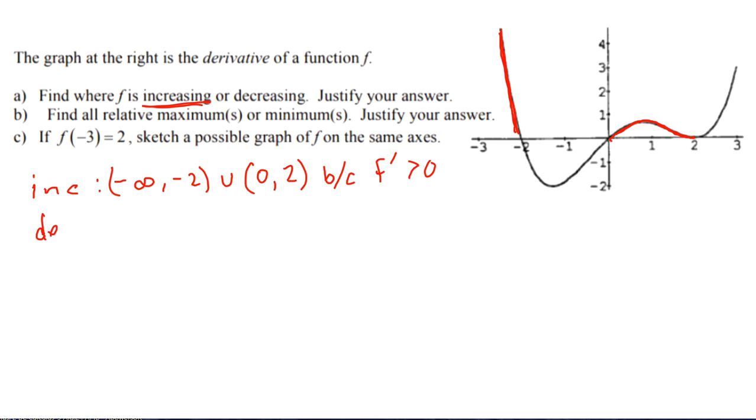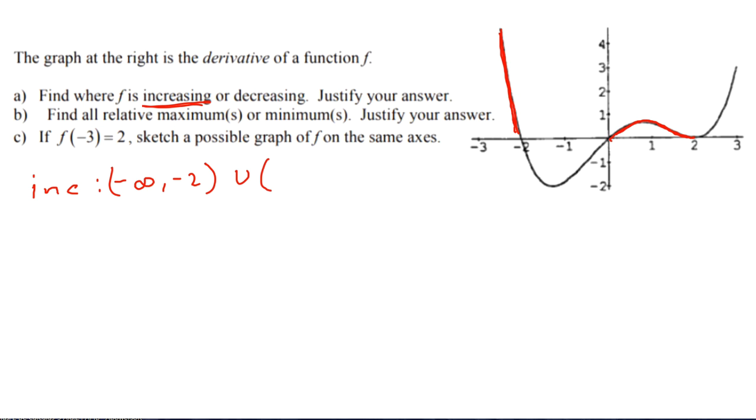And your function would be decreasing in the blue area. Here, oops, let me back up for just a second. 0 to 2 is not completely correct. I did not catch that right away.